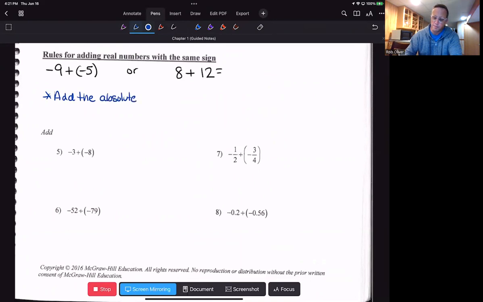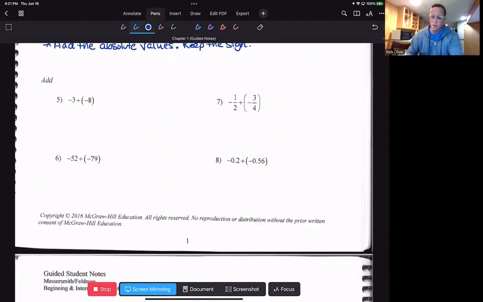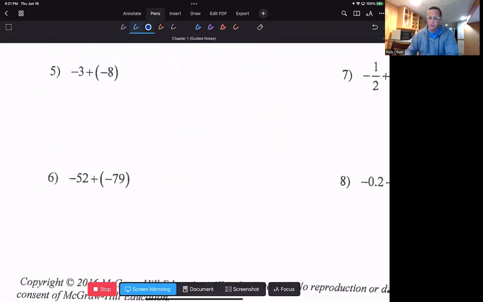Another way to put that is that we're adding up the absolute values, and then we keep the sign. So if we're adding negatives, we keep it negative. If we're adding positives, as it always has been, we keep it positive.